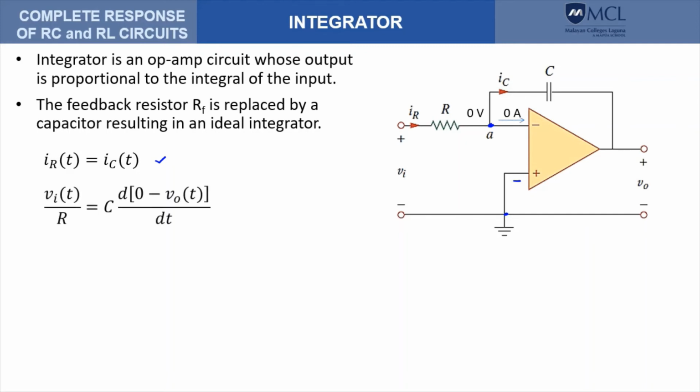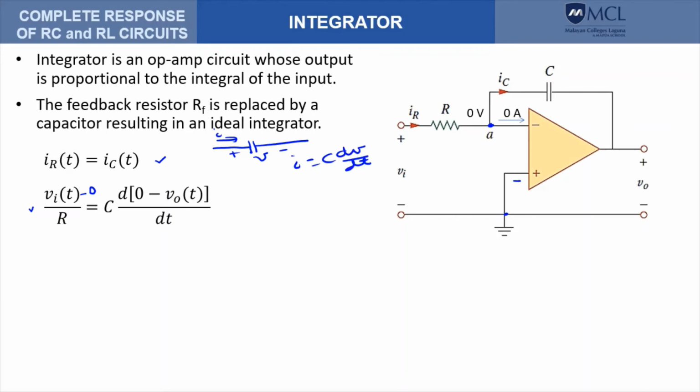Now we can write the current through the resistance using Ohm's law. So this is V sub I minus 0 here, divided by R. And for a capacitor, take note again that if this is I and this is V here, we have I equals C dv/dt.